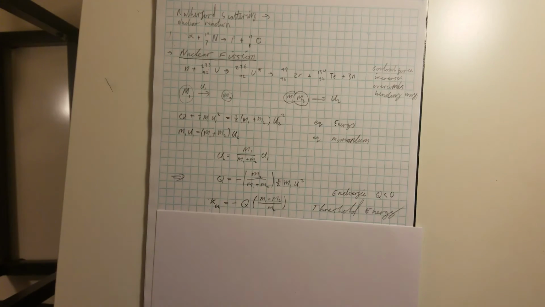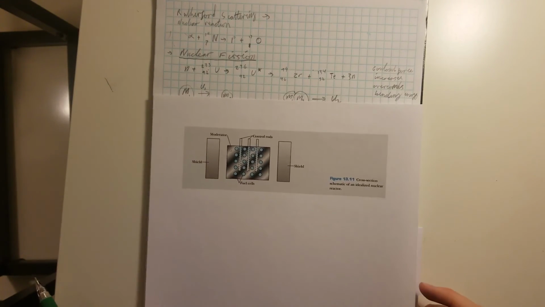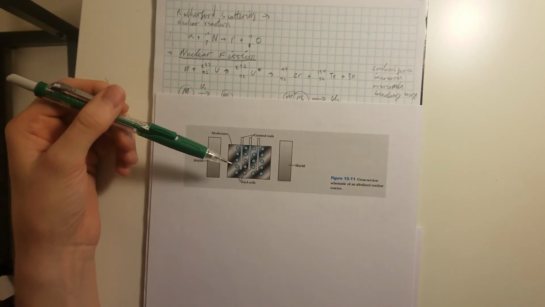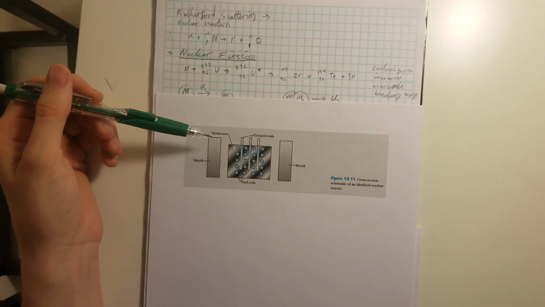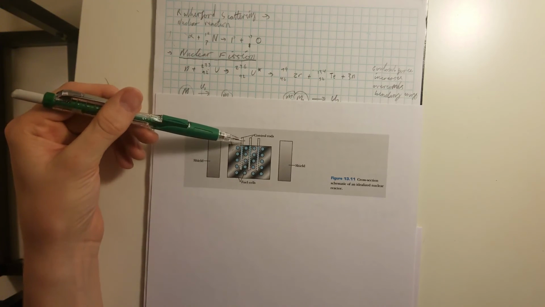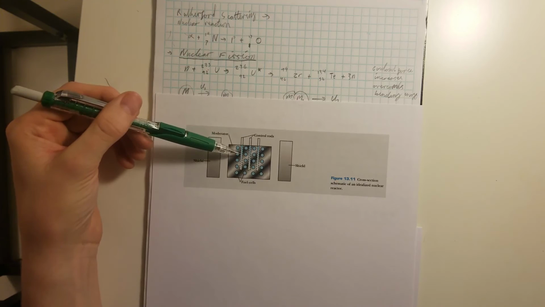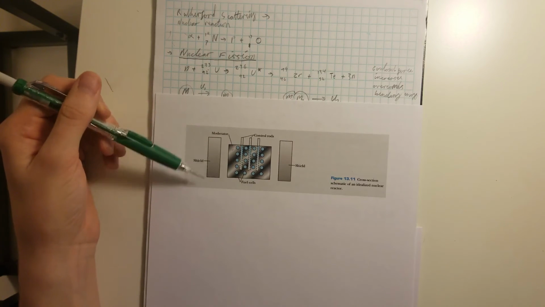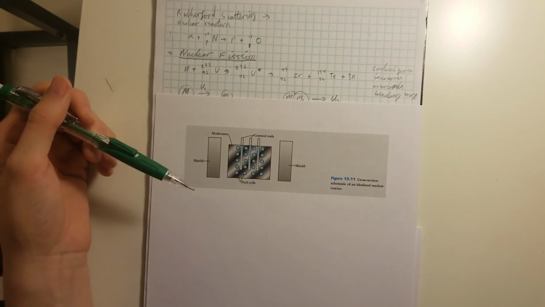This is a cross-section of an idealized nuclear reactor. So they use fuel cells, which would be the uranium, and the moderator would be water and graphite. And then the control rods would be cadmium, a substance that can absorb neutrons. And then there'd be a vacuum, and then there'd be a shield, so concrete.